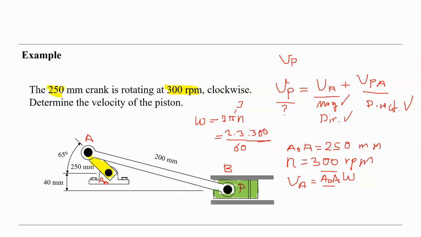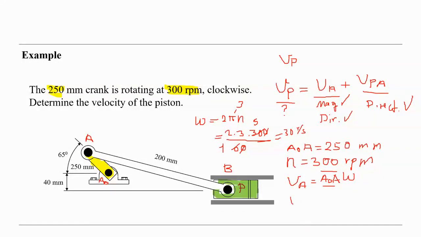So then, this is nearly 30 radian per second. So 30 radian per second, the omega.